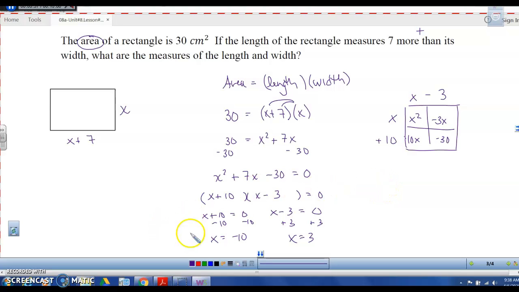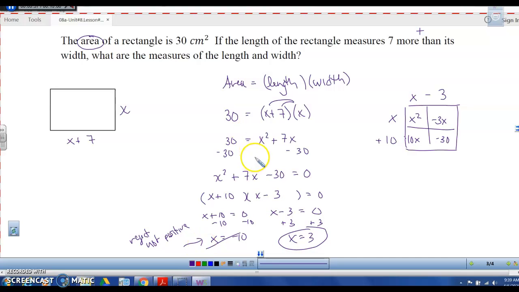No, it can't. So we actually have to reject this answer because it's not positive. You can't whip out your ruler and measure negative 10 on your ruler, so that doesn't work. So we can't use the negative answer because this is an area problem. We're talking about lengths and widths have to be positive. So x equals 3 is your answer.